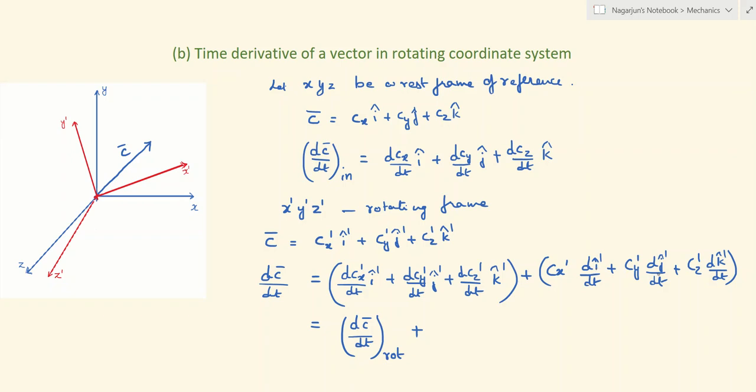As we discussed in stage 1, the rate of change of a rotating vector is omega bar cross i cap dash, where omega bar is the constant angular velocity of the rotating frame of reference. So we get Cx dash omega bar cross i cap dash, similarly plus Cy dash omega bar cross j cap dash plus Cz dash omega bar cross k cap dash.